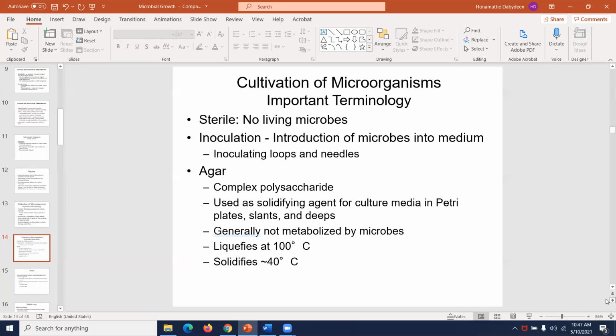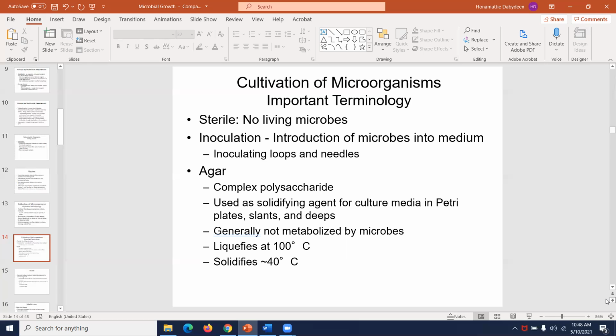If you boil agar, it will liquefy. If you cool it down, it will solidify. Just like you will do your jello. You want to make nice jello? You follow the package. You get your nice jiggly jello only after you put it in the refrigerator for it to set. If you leave it out at a very hot room temperature, it will still be liquid.